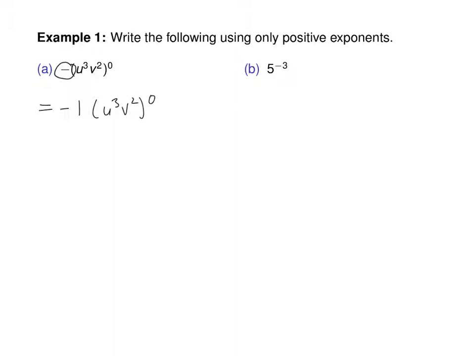And PEMDAS says you do exponents before you multiply, right? So the exponent of 0 happens first and makes all that stuff into 1, and then you make it negative. So that's -1. If the negative were inside the parentheses, it'd be part of what was raised to the 0, and then it would be 1. Okay? All right, 5 to the negative third.